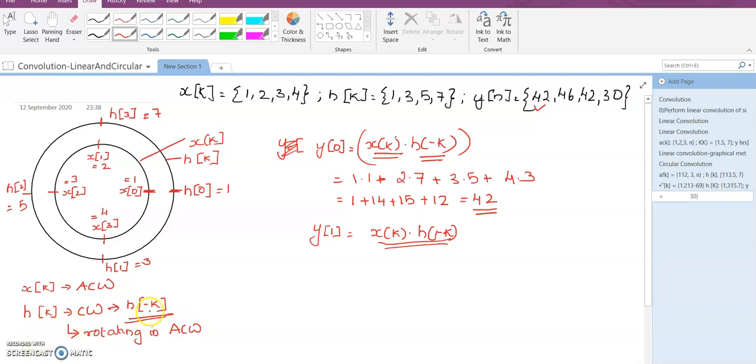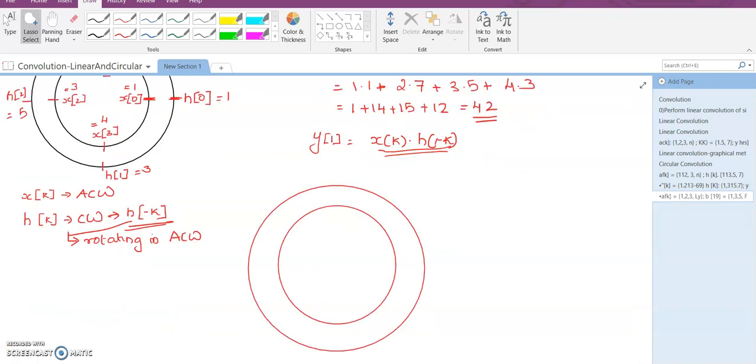So h of minus k will be rotated in the anti-clockwise manner. Again, let's draw the two circles and see how it works. To draw the second diagram for computing y of 1, we mark the same positions. Just like in linear convolution, x of k remains in the same position without any change. So we draw it in the anti-clockwise manner.